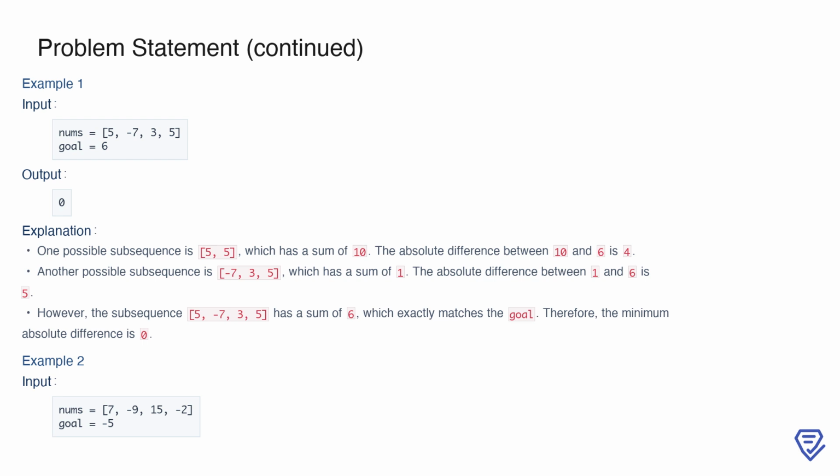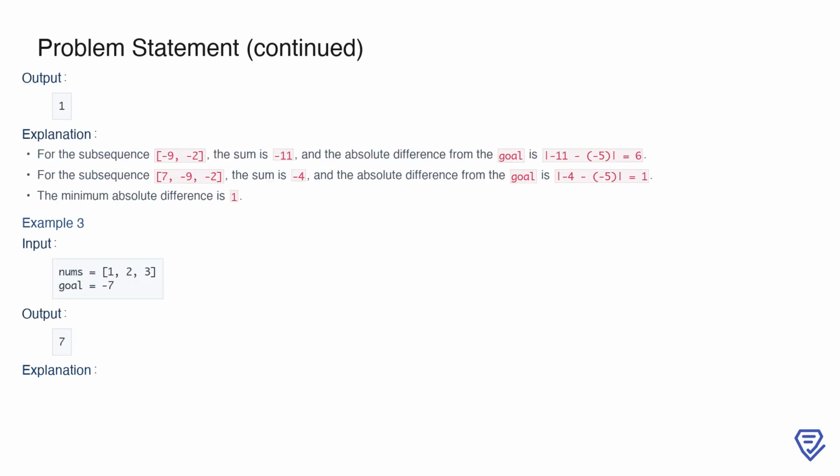This illustrates how the problem asks us to find the subsequence that minimizes the absolute difference between its sum and the goal. Now consider the second example, where nums equals 7, -9, 15, -2, and the goal is -5. For the subsequence -9, -2, the sum is -11, and the absolute difference from the goal is |-11 - (-5)| = 6.